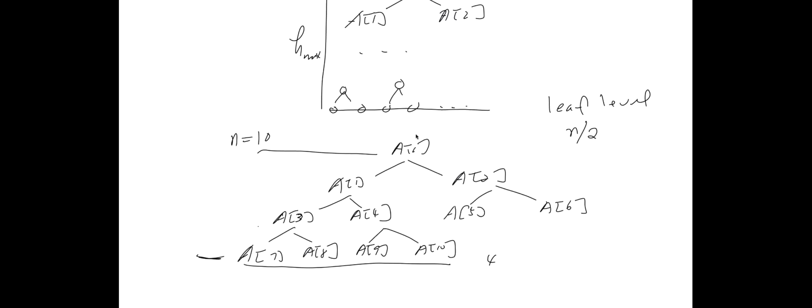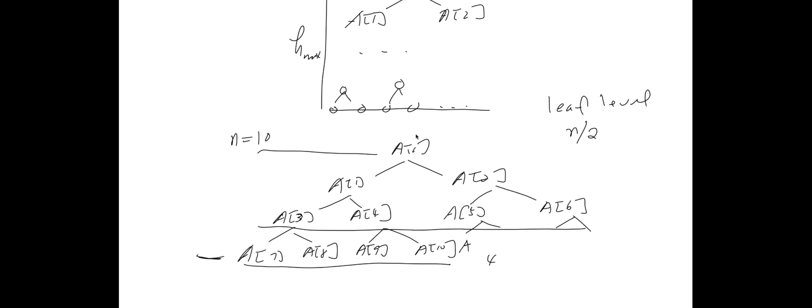Even though these are leaves, we only look at the lowest level, so then it's only 4. So 4 is less than n divided by 2.